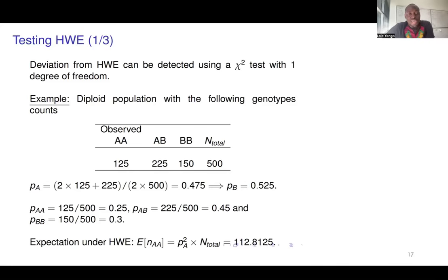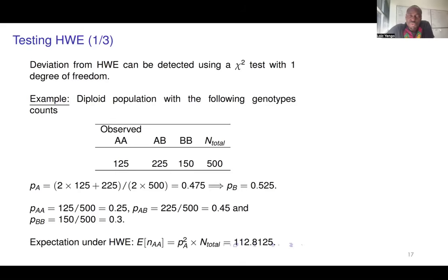From this, we can also calculate the genotype frequencies, right? We have the counts, we have the total, so we can deduce the genotype frequencies. Then we're going to use a very important quantity for our test statistic, which is the expectation: essentially how many of those genotypes do we expect under Hardy-Weinberg equilibrium. What I showed you earlier is that under Hardy-Weinberg equilibrium, we can predict the frequency of those genotypes knowing the allele frequencies.